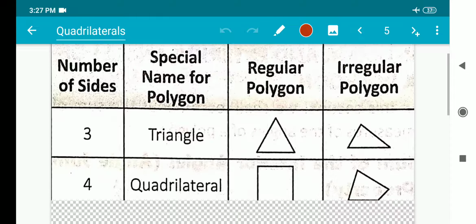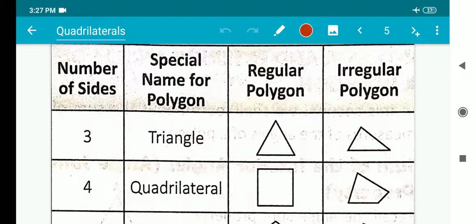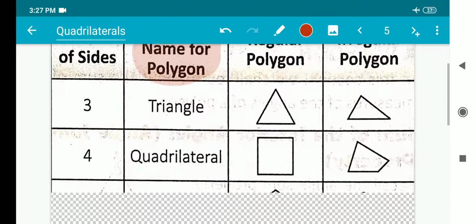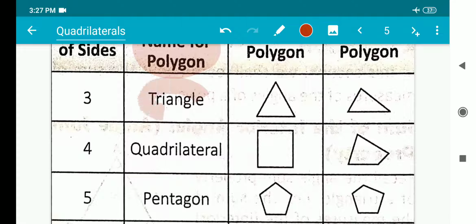So there are other special names for polygons. There are various types of special polygons. The first one is the triangle, which has three sides. As I have said, the polygon which is three-sided is called a triangle.